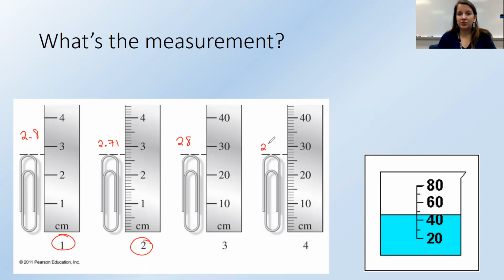So we would go 1 digit past the ones position and we would have a value in the tenth place. Our beaker over here, each line only represents an increase of 10. So when you estimate 1 extra digit, 1 digit past the tens place, that's the ones position. And so we would record our measurement as maybe 47 milliliters. Okay.